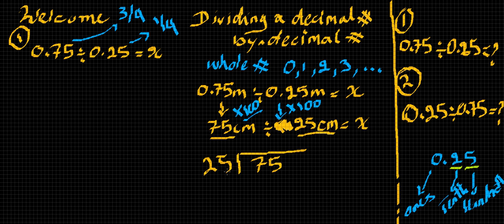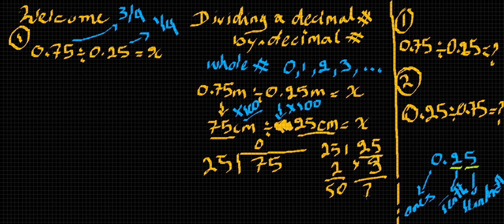And then we're going to ask ourselves, how many times does 25 go into 7? So the answer is 0. How many times does 25 go into 75? Well, let's find this out by trial and error, okay? If I have 2 over here, I multiply 25 times 2: 2 times 5 is 10, this will give me 50.